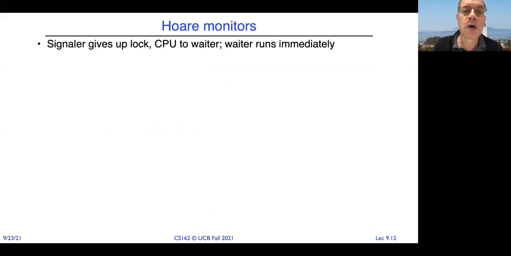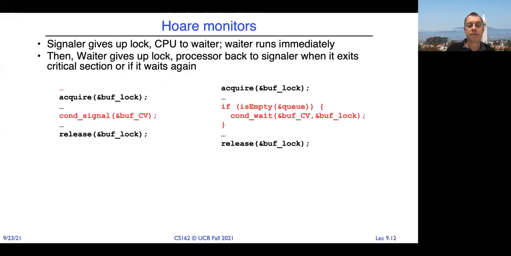So let's see how Hoare monitors, the ones where you can use if, are implemented. You have acquire on both sides. In both cases, you protect the critical sections with a buff lock.